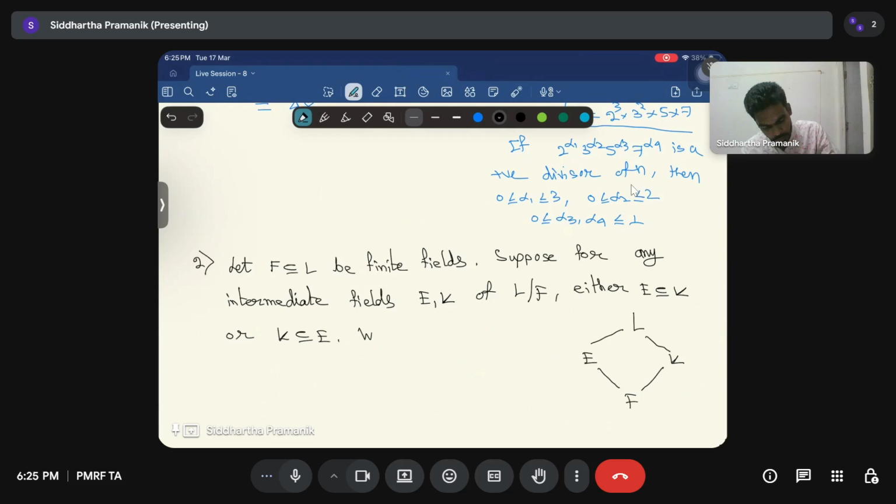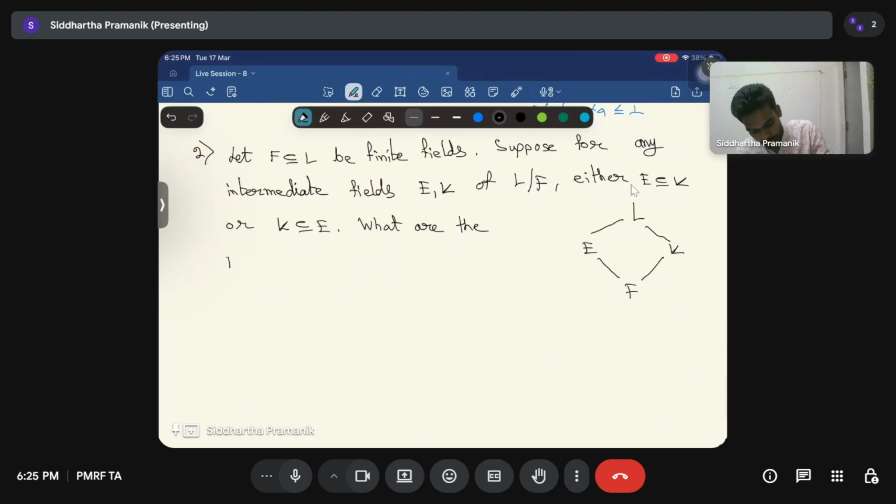Then what are the possibilities of the degree of this extension L over F?